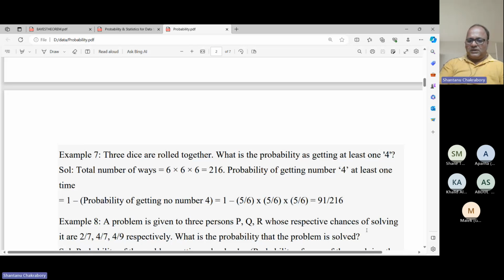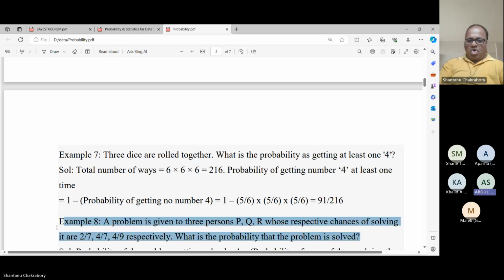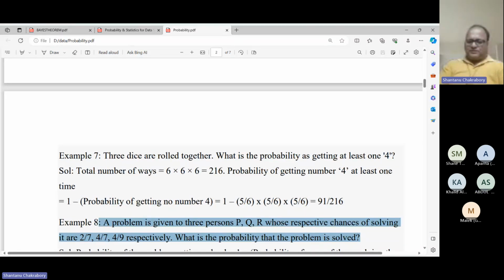Got it? Can you try this one? Here, a problem is given and you need to go ahead and solve that problem. The probability is provided. So what you have to identify is the probability that the problem is solved.